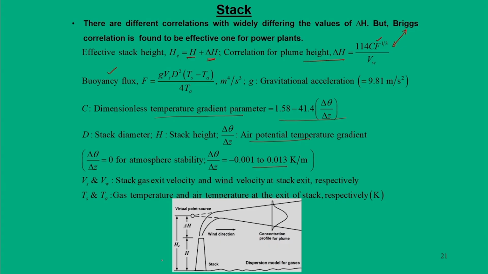So, it is better to assume a value of delta theta by delta z from this range, and when there is atmospheric stability, that means no turbulence, no disturbance, delta theta by delta z is 0. Once you know this, you can calculate delta H.